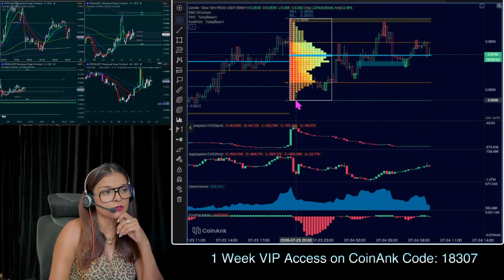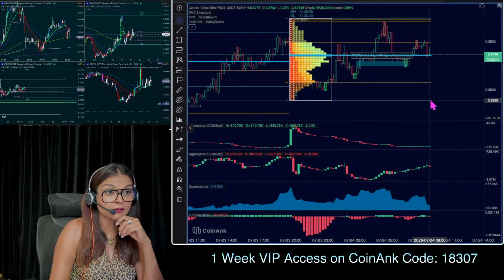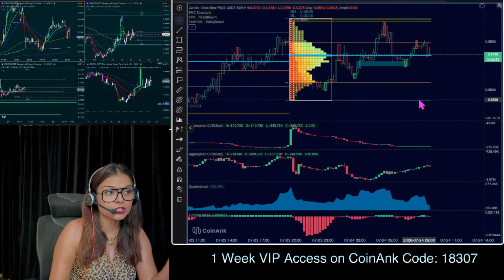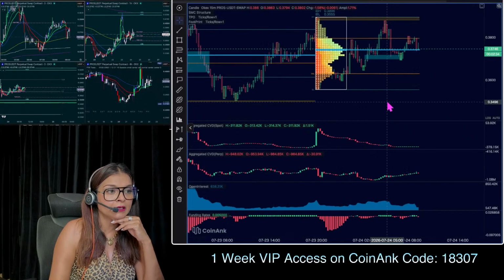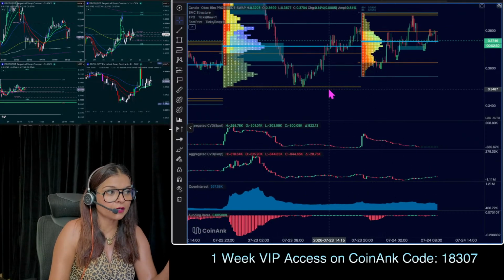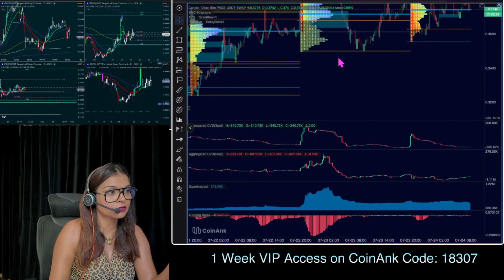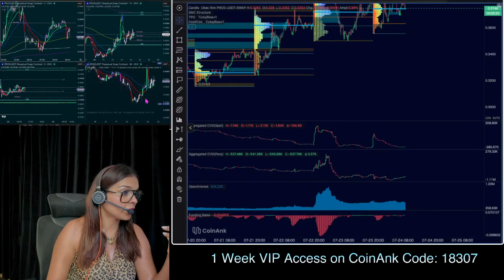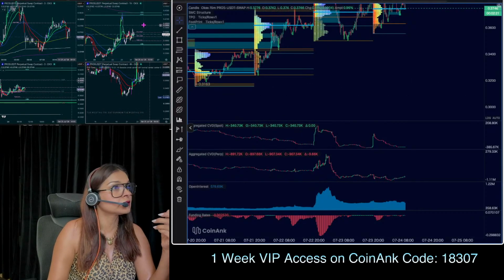It didn't finish the auction, so I expect price to come back down here, break the initial balance low, and continue downwards. Here we don't have a very strong support area, so I expect it to continue downwards to maybe, well, who knows where. All right, let's look at the chart.